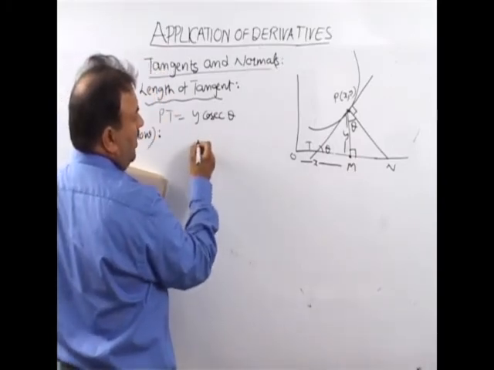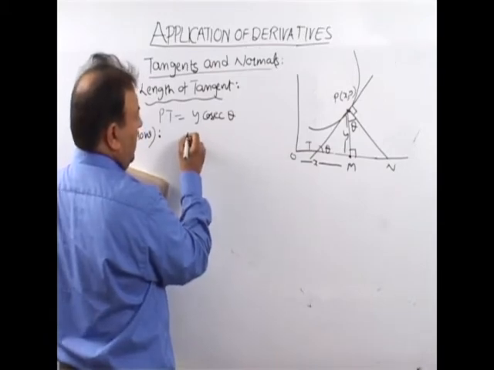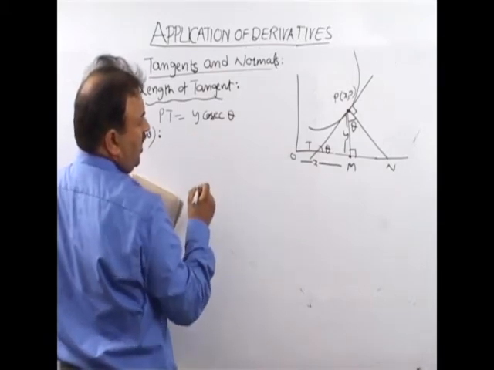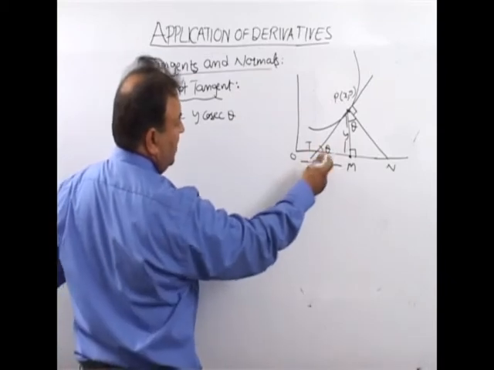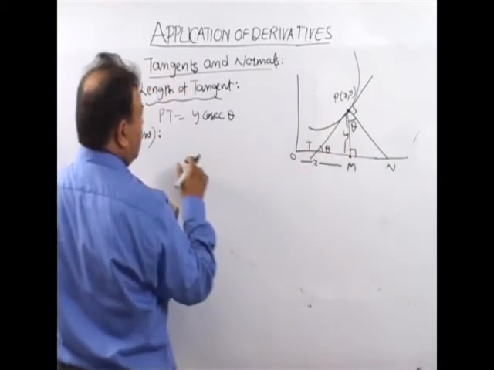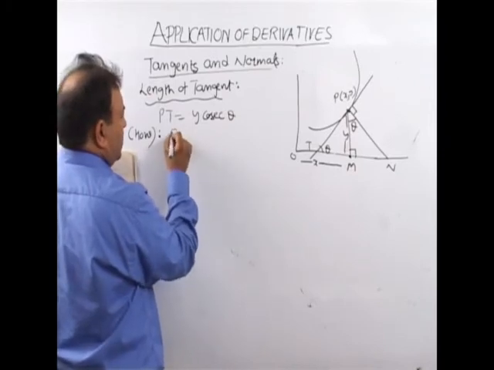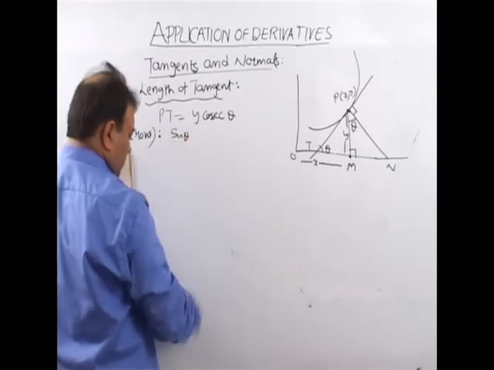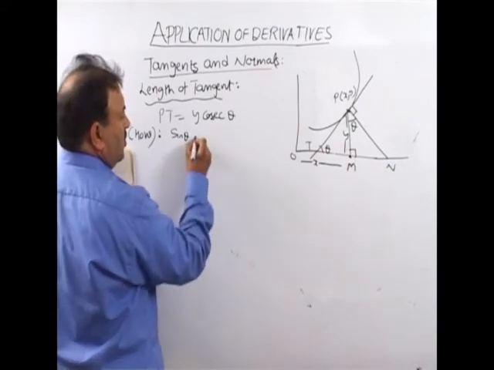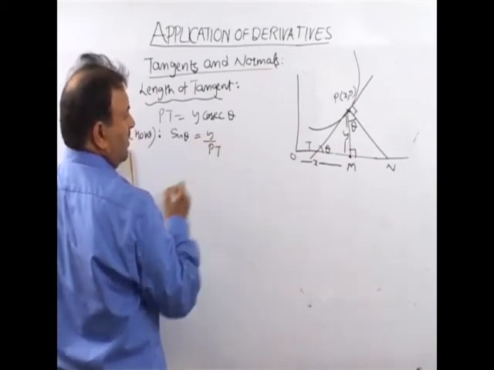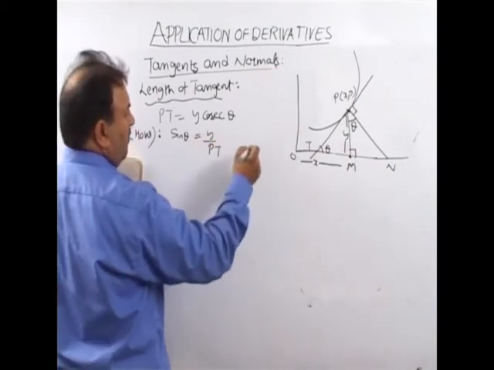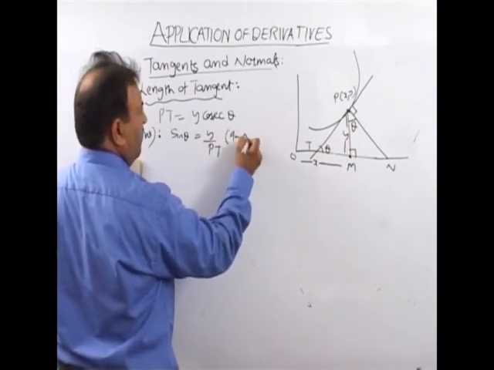Here the distance is y. I can say sine theta is equal to y upon PT in triangle PTM.